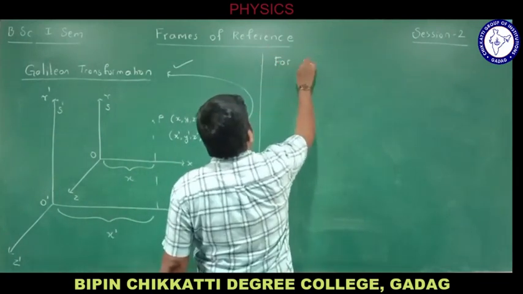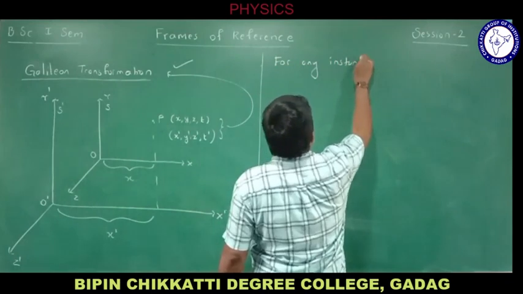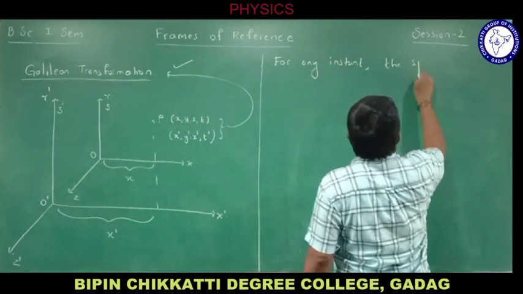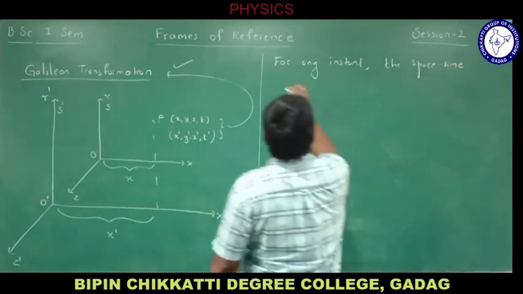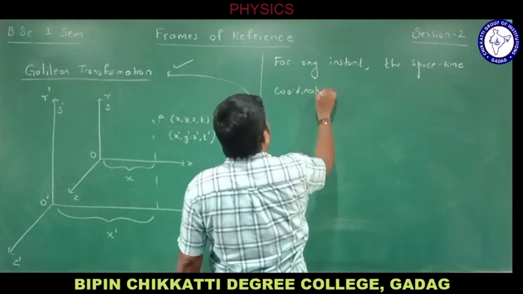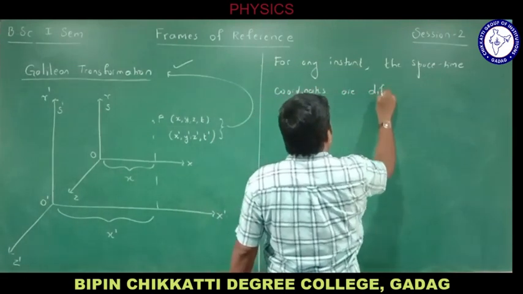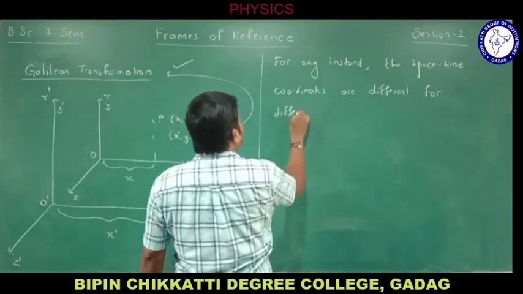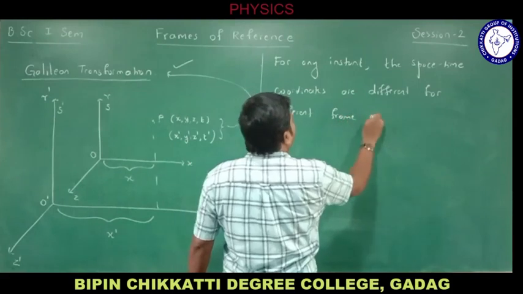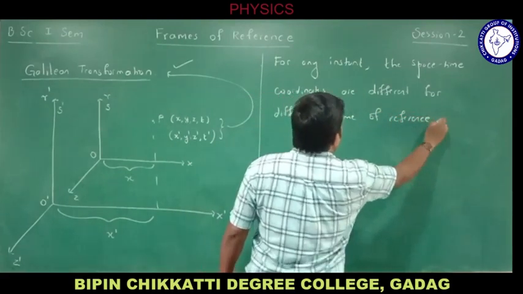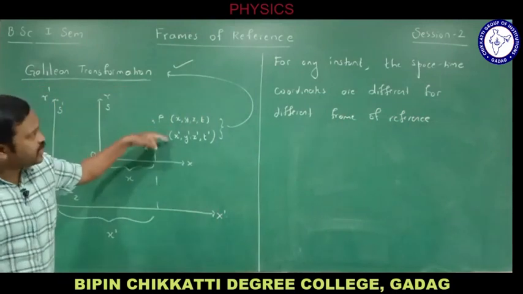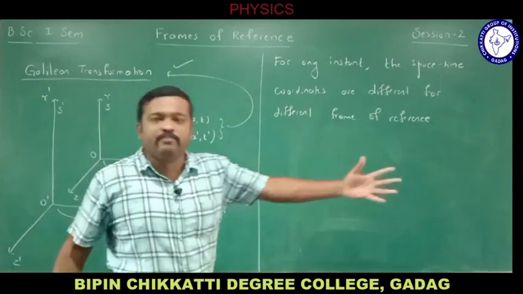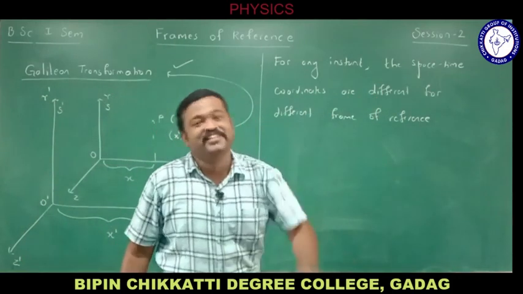For any instant of time t, the space-time coordinates are different for different frames of reference. If you go with two different frames of reference, the space-time coordinates will be different.